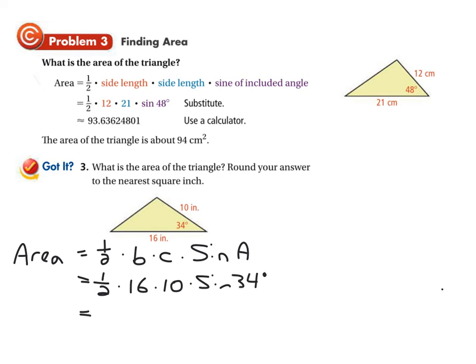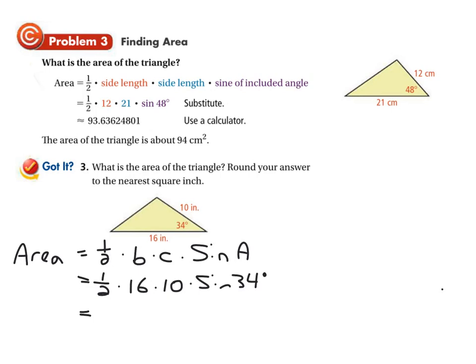And this is simply a series of calculator strokes. I'm going to say 1/2 times 16 times 10 times sine of 34. Please always close your parentheses in case anything comes after that before your equals.